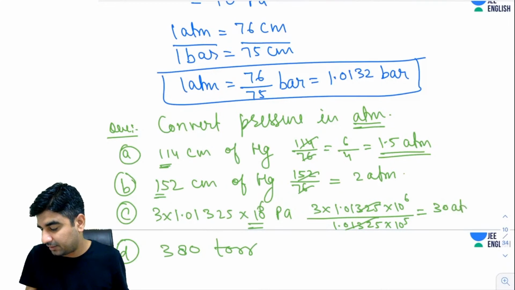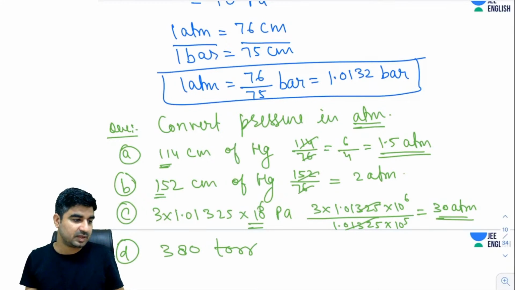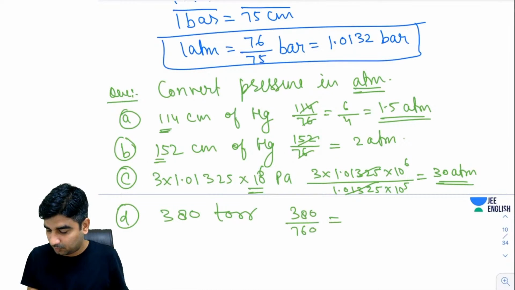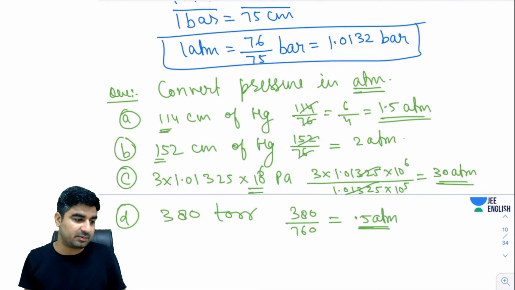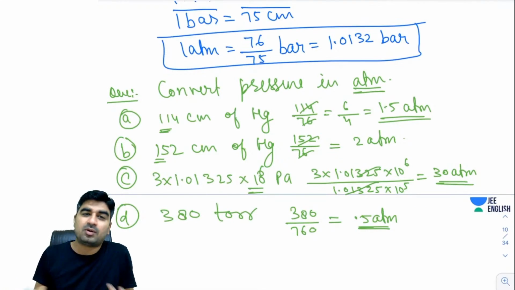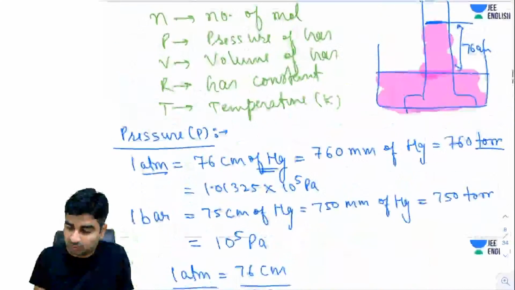It will be 30 atm. And what will it be? 0.5 atm. So I hope now you are comfortable in conversions, right? So this is all about pressure. So now you know about the pressure.